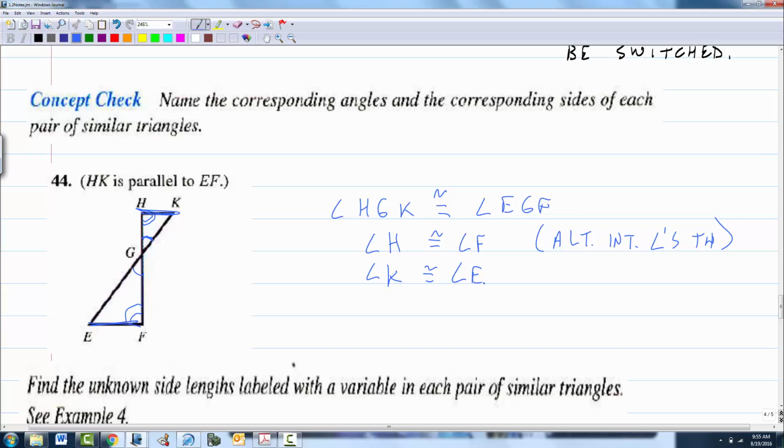Now what we need to do is maybe write a similarity statement for the sides. Maybe do it as a proportion. Who does HG go with? So if I went small to big, HG over, who does HG correspond to? Well, the answer is the side that touches these same two angle measures, the 1 and the 2 mark side.